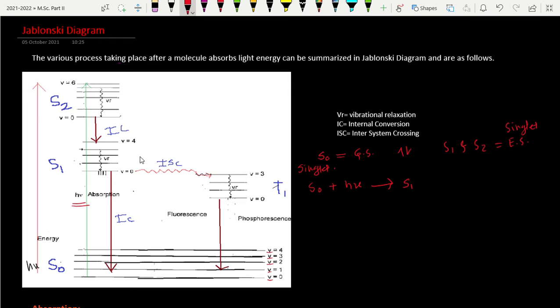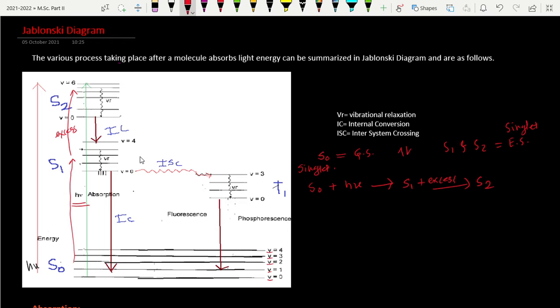If the molecule absorbs excess energy, it goes into a higher excited state, that is S2. Due to this excess energy, the electrons go to higher excitation, S2, S3, and so on.